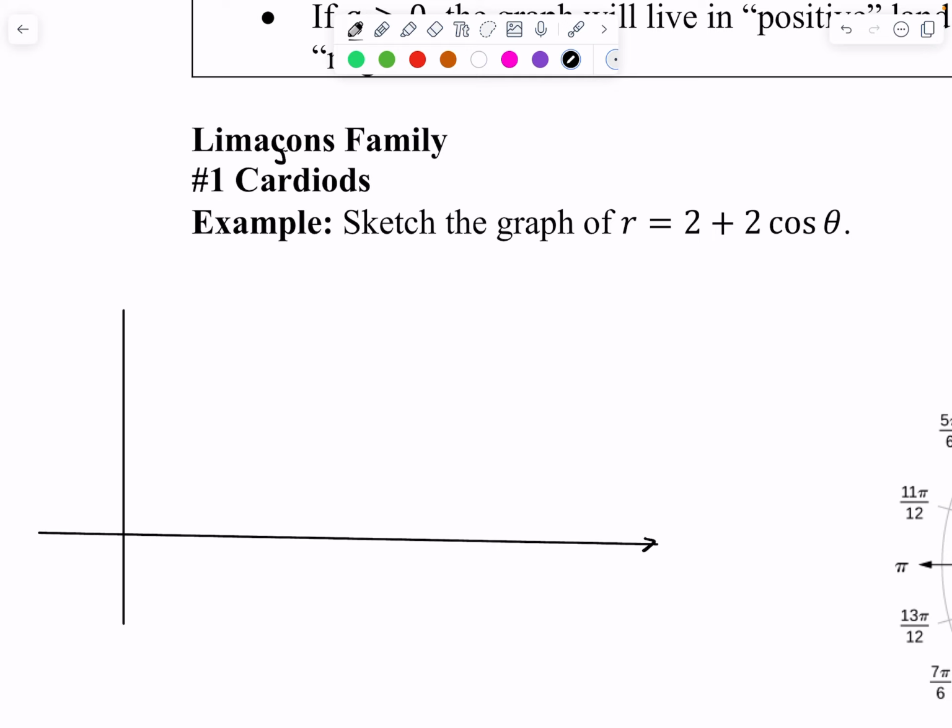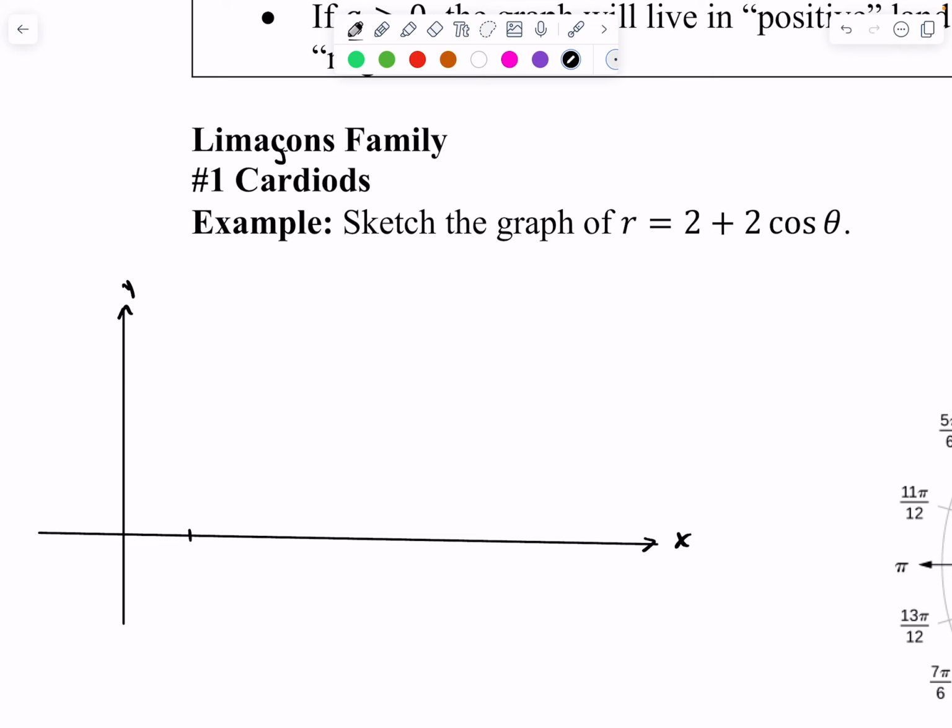Let's think about using the graph of y equals 2 plus 2 cosine x in the xy plane as a reference for determining values of r that go with different angles theta.